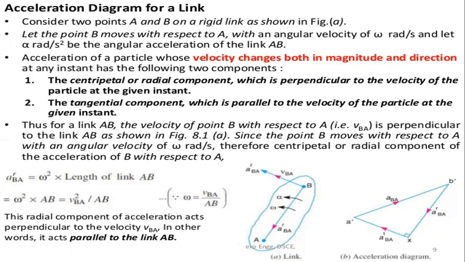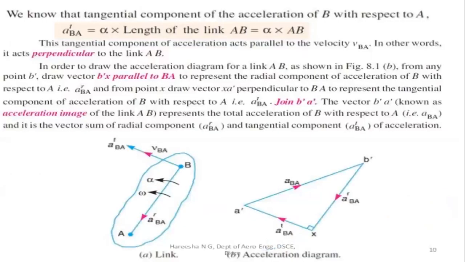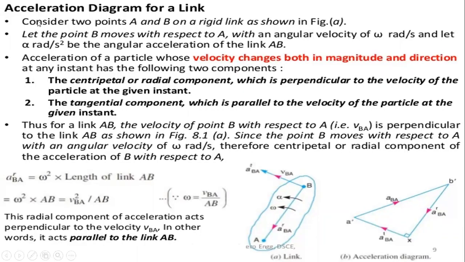Here I am taking 2 points. Consider 2 points A and B on a rigid link as shown in the figure. A rigid link means there is no movement on that link. So this is the link taken, AB is the link taken.